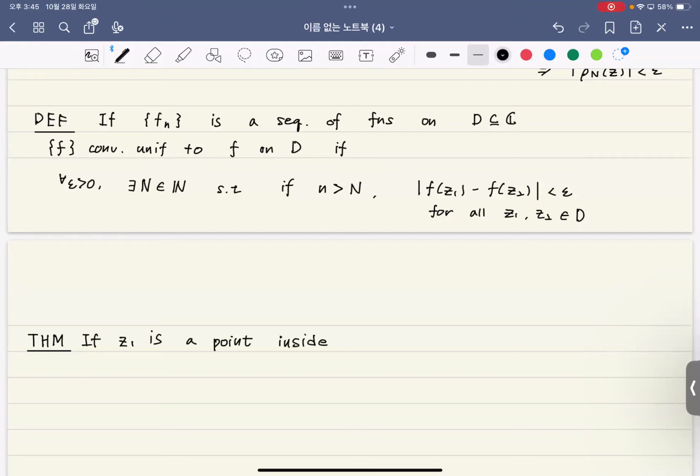Suppose I have chosen any random point inside the circle of convergence of a power series, the sum of a_n (z minus z_0)^n from 0 to infinity.